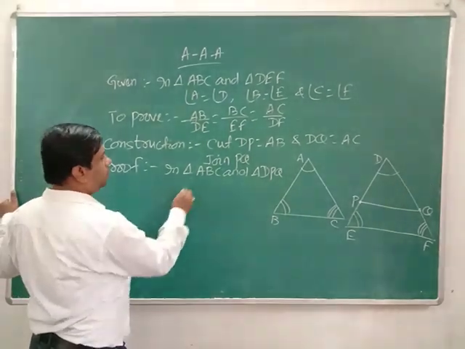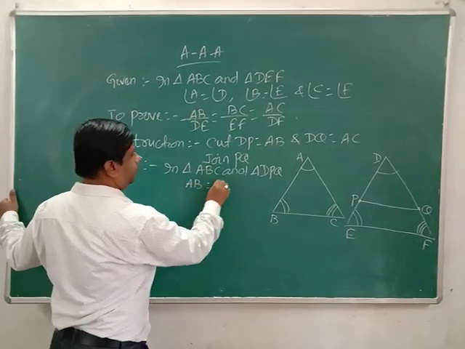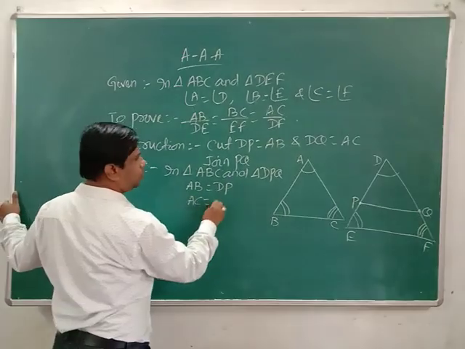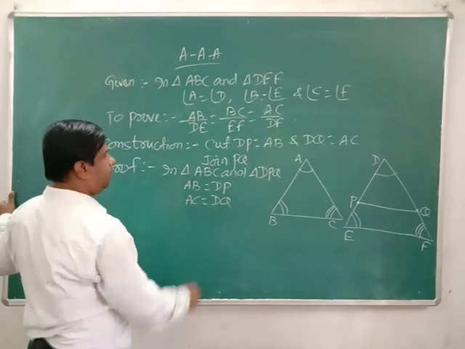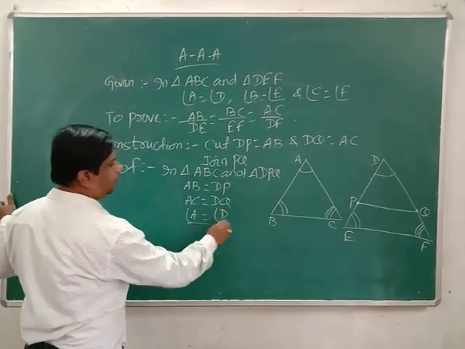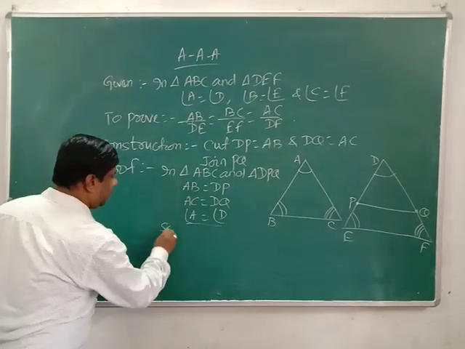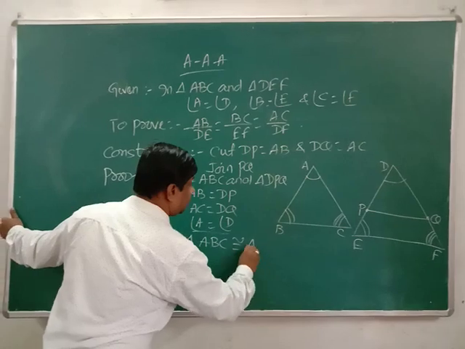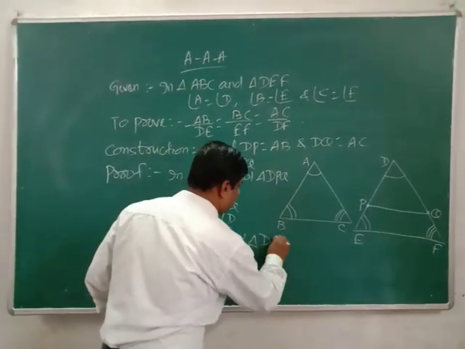So what are given? AB is equal to DP. We have constructed this. Next, AC is equal to DQ. And angle A is equal to angle D. This is already given to you. So triangle ABC is congruent to triangle DPQ.